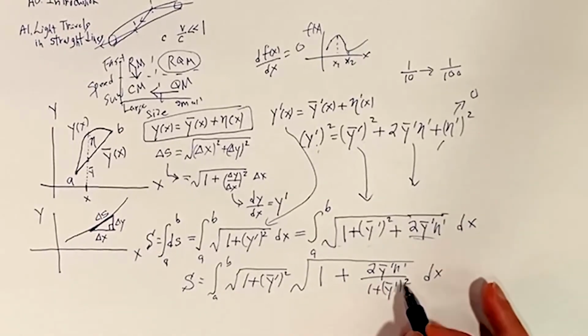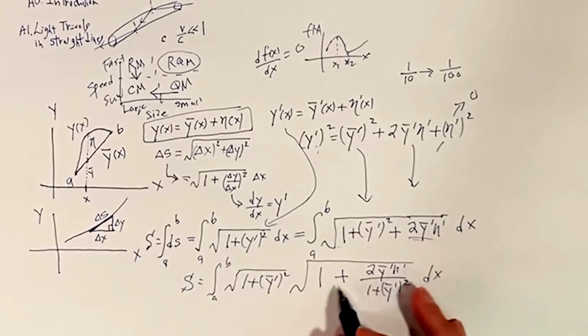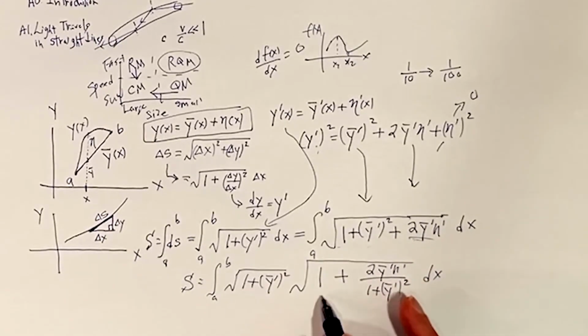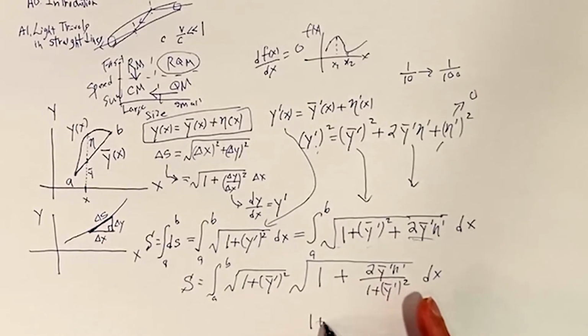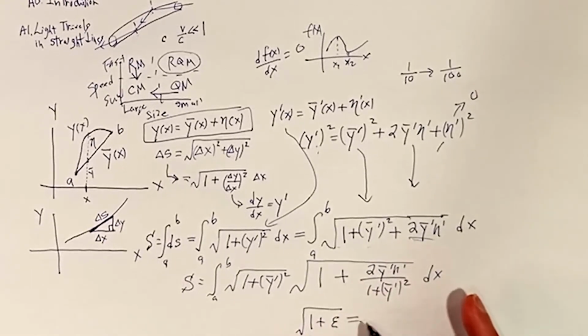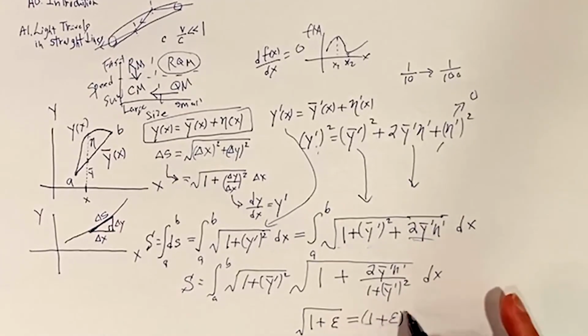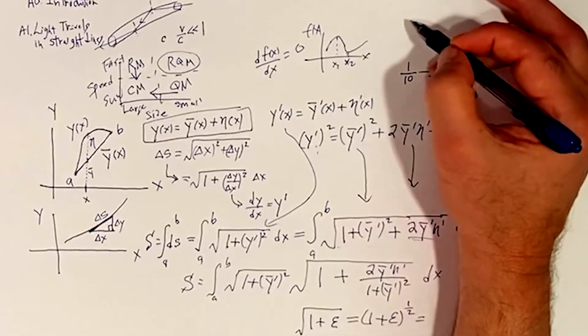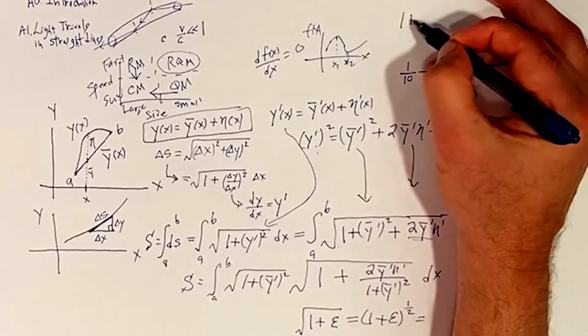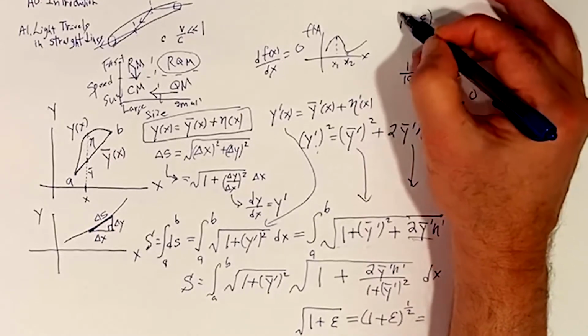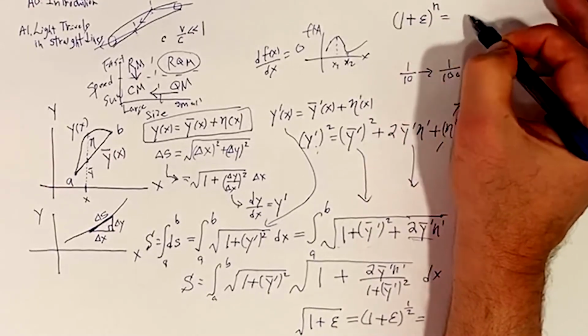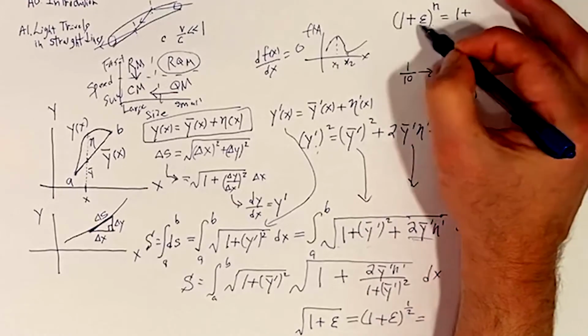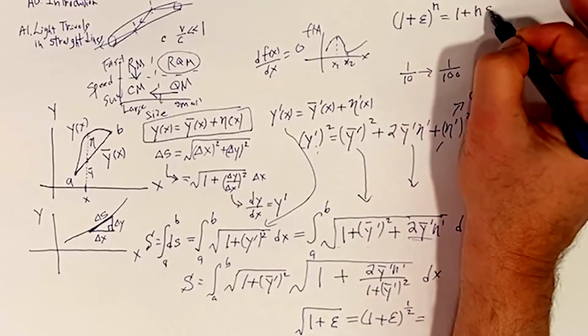But now this eta is small, so I can look at this as 1 plus a small quantity under a square root sign, that is, 1 plus epsilon to the 1/2 power. And it's nice to know that 1 plus a small quantity to the nth power is approximately 1 plus n times epsilon.